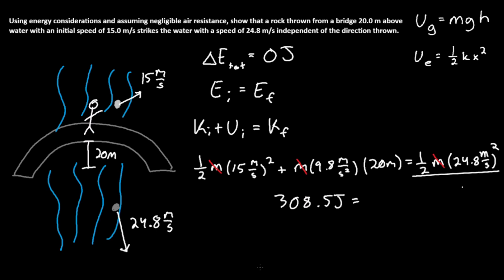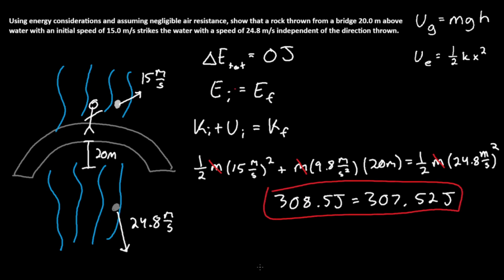And if you calculate everything on the right side, you'll get a total energy of 307.52 joules. Since these are close enough, this makes sense. The law of conservation of energy held true here, so it worked, and the total change in energy in this case is equal to 0.